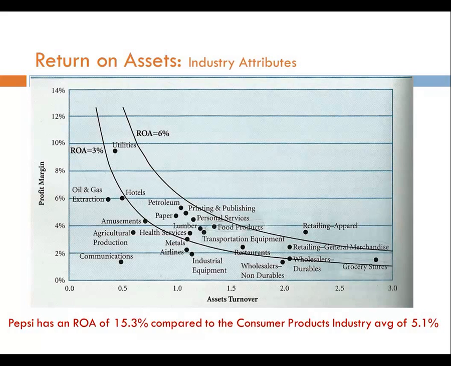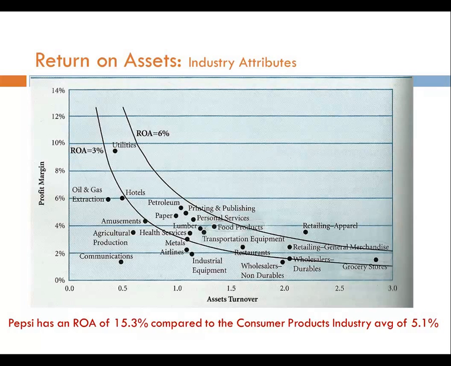Return on assets is between 3% and 6%. Return on assets 3% to 6%. And it's a function of profit margin and asset turnover. Profit margin times asset turnover is your results.